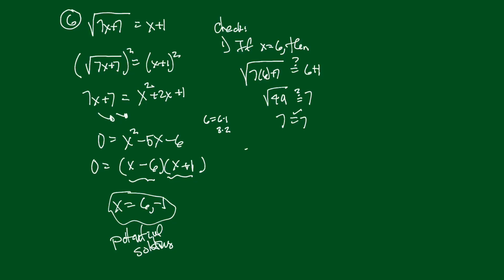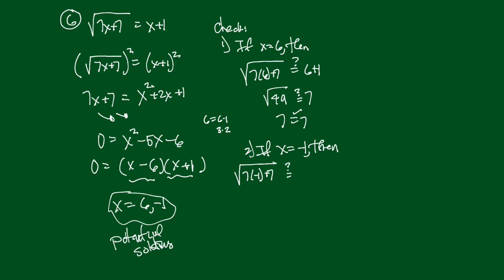Now, what about number 2? If x is equal to negative 1, let's check that one. If x is negative 1, then put that negative 1 back into the original equation up here. So we'll get 7 times negative 1 plus 7.